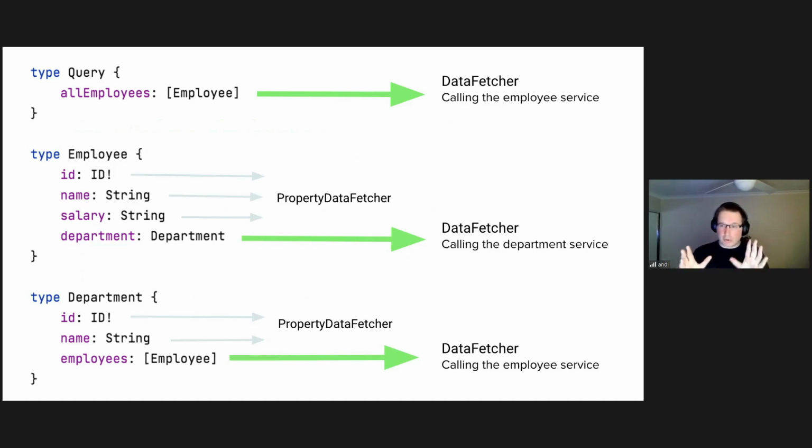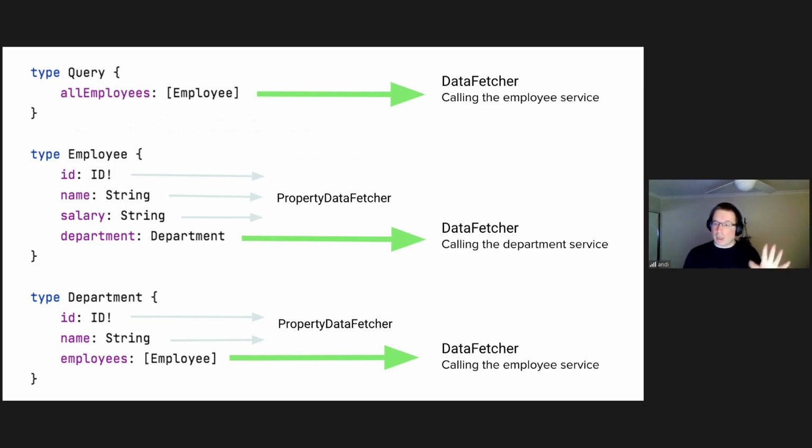And as long as your schema types match your Java types at runtime, you don't need to provide any specific data fetcher. The property data fetcher is perfectly fine, and it will access the getters on your object for ID, name, salary, and ID and name of department.